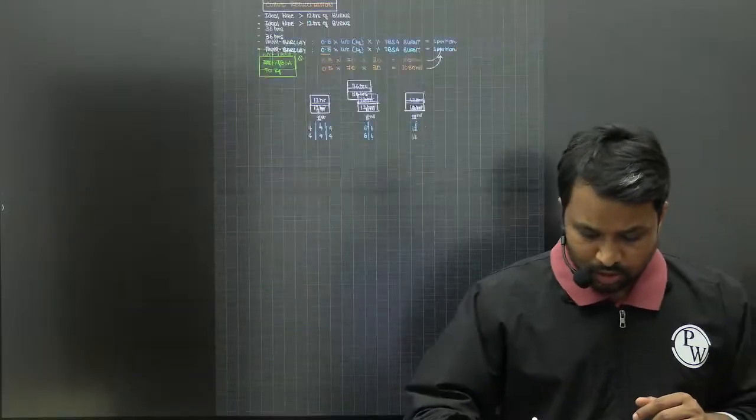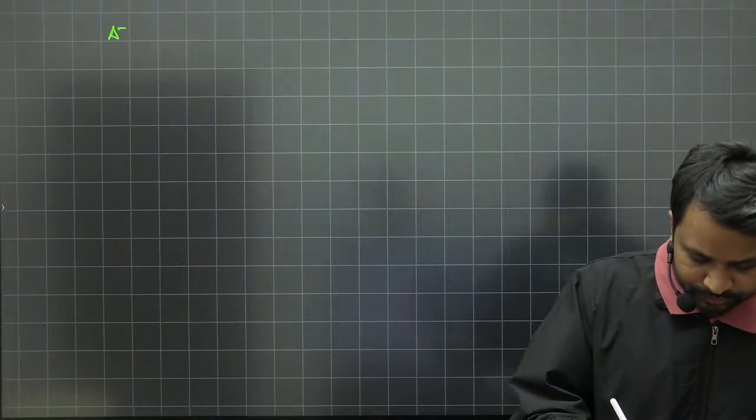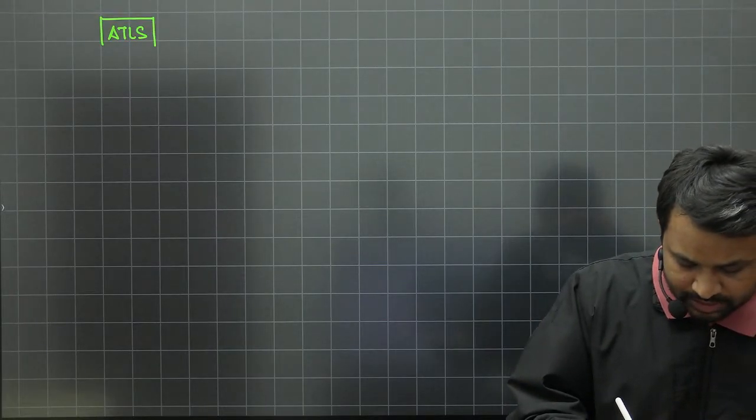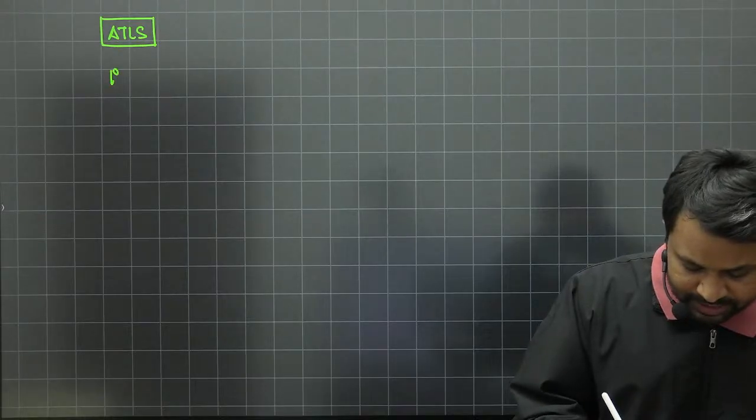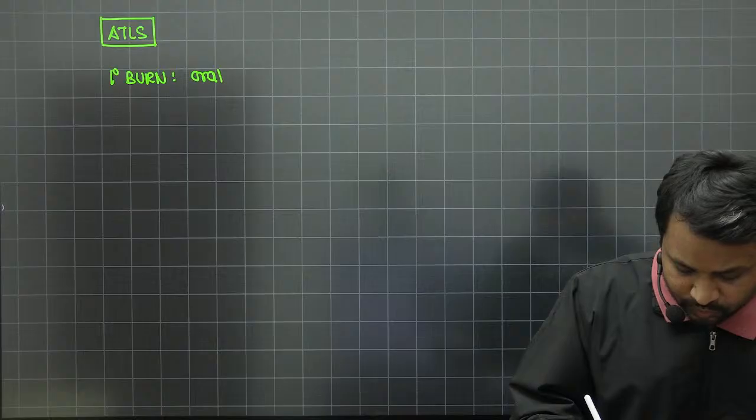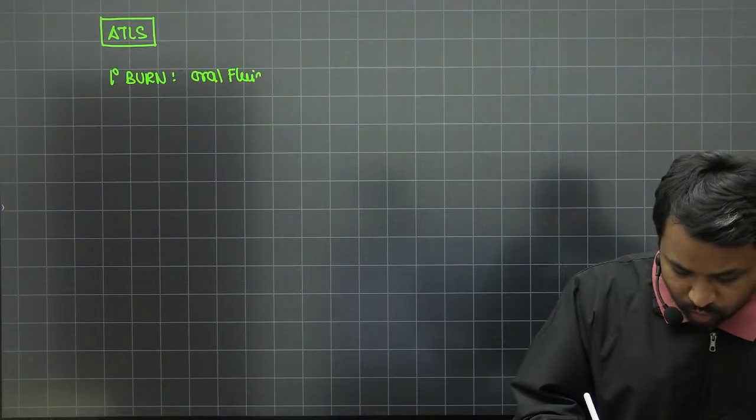Right. So to summarize, according to the ATLS protocol for burn fluid resuscitation, a first degree burn would only require oral fluids, and the patient can be sent home as well.